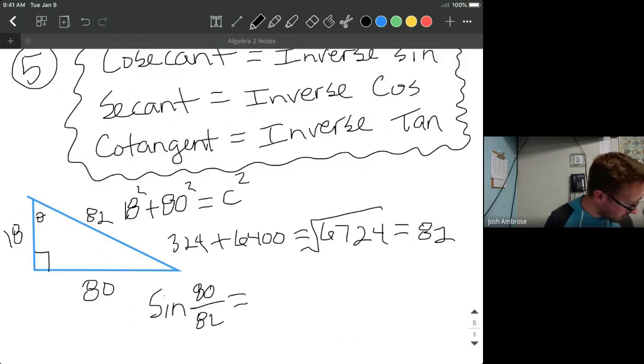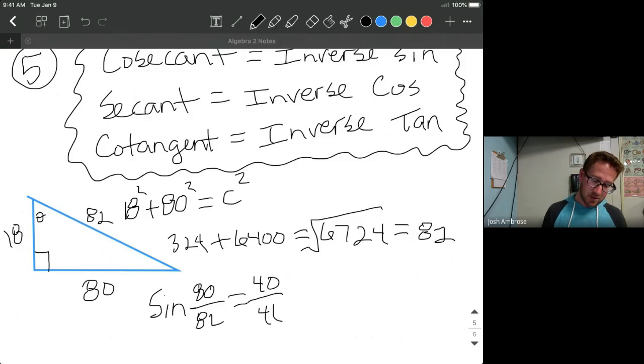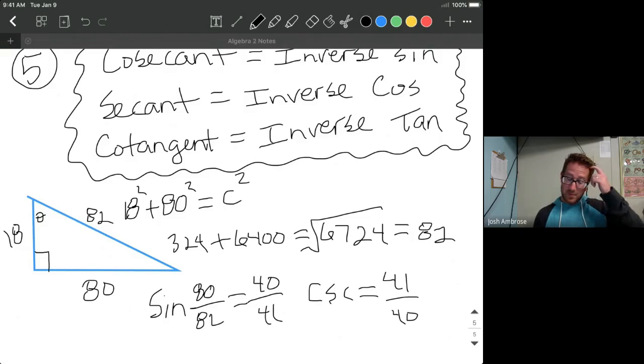Reduce that down, 40 over 41. Okay, now if you take a look, we can get now the cosecant. As long as you have sine, you can get the cosecant. All right, and the way that they do cosecant is that it is CSC. Just flip the fraction. So 41 over 40. All right, and that's going to give you the cosecant.